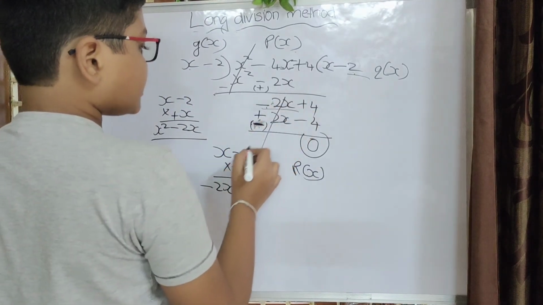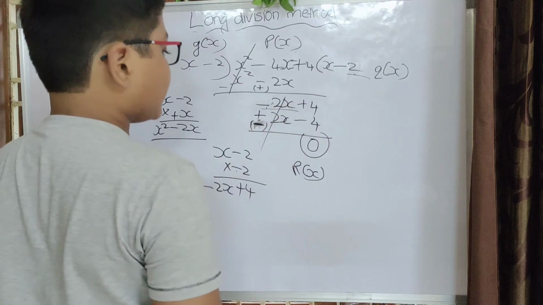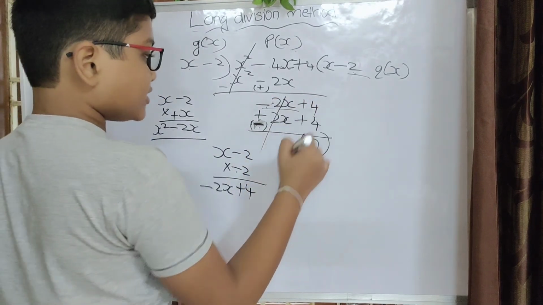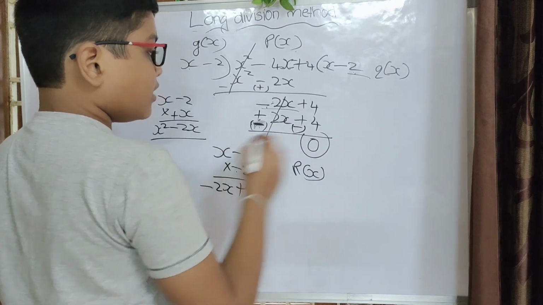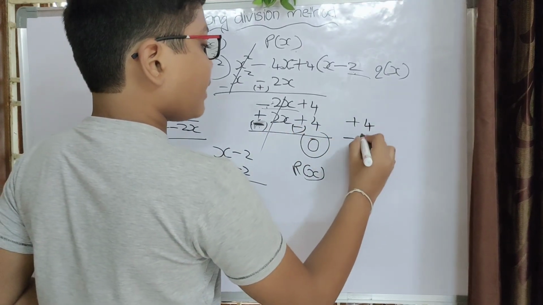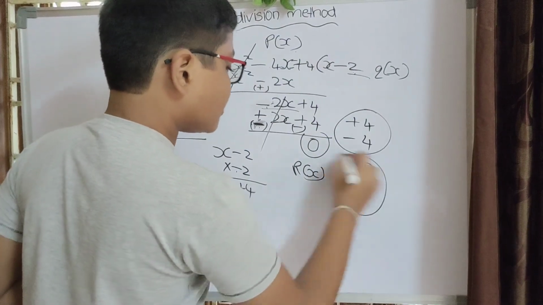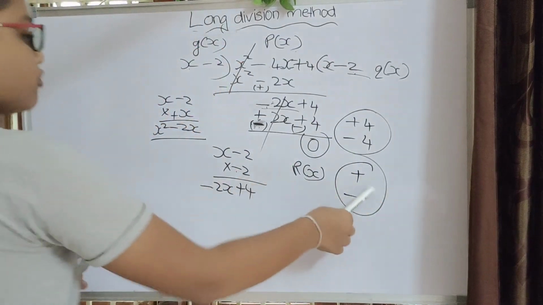This 2 will cancel. If plus is there, this 2 will not cancel. If minus is there, this 2 will cancel. Here plus, so here minus. Plus 4 will become minus 4, down. Plus will become minus, down. Remember this one: plus will become minus.